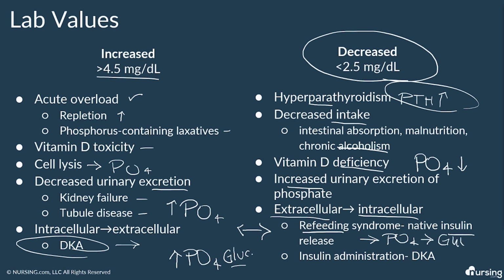So it moves extracellularly to intracellular. And then when it's in the cell, we see a decreased lab value. It's also going to be apparent when correcting diabetic ketoacidosis. When insulin is involved, we're going to have a shift of the phosphate and glucose into the cell.